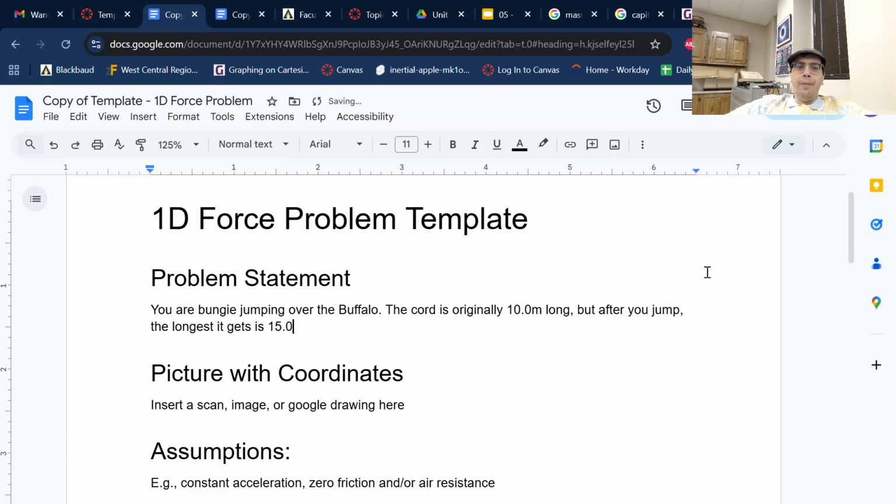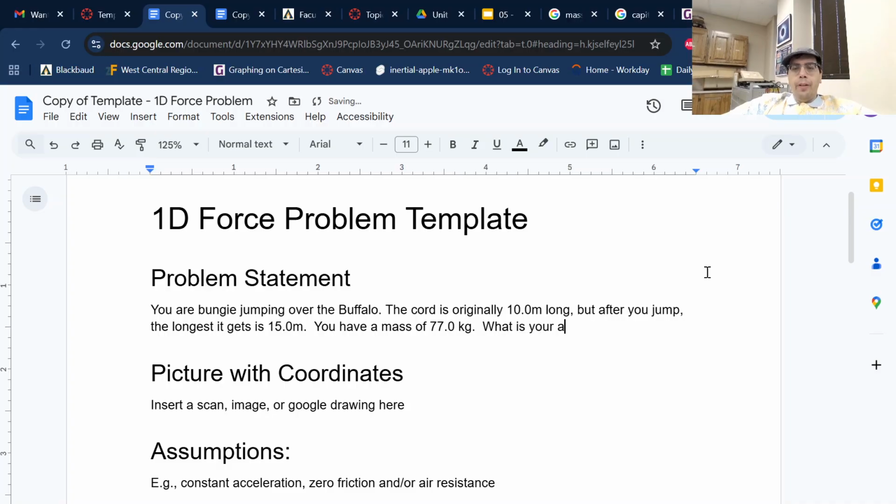I'm going to say 15.0 meters. You have a mass of 77 kilograms.